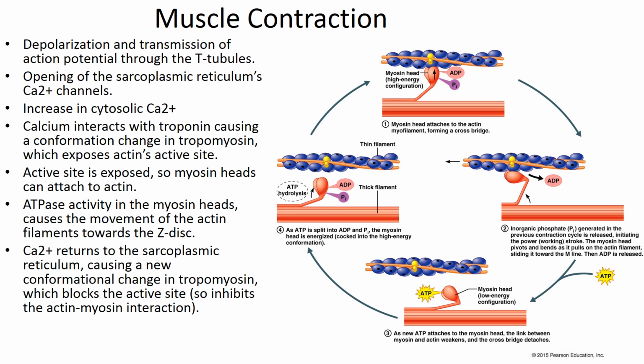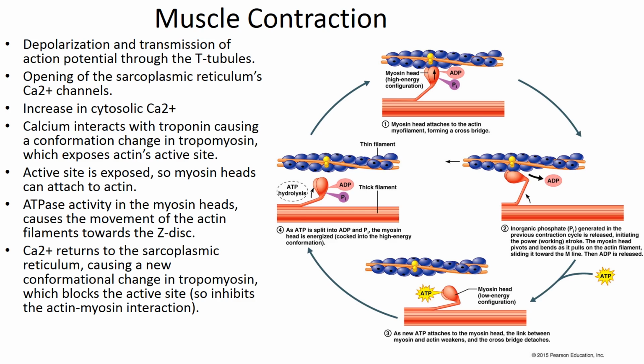As the new ATP attaches to the now low-energy myosin head, the myosin head will detach from actin. ATP is split to form ADP plus phosphate, and the bond energy is transferred to the myosin head, causing it to move to the high-energy position, which is sometimes referred to as cocked or reactivated, so that it's ready to bind to the actin binding site once again.